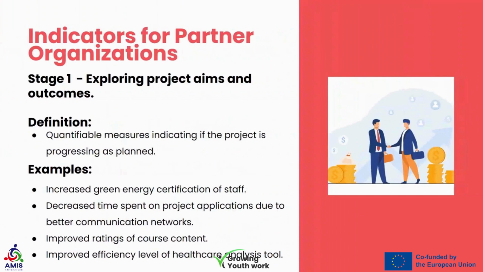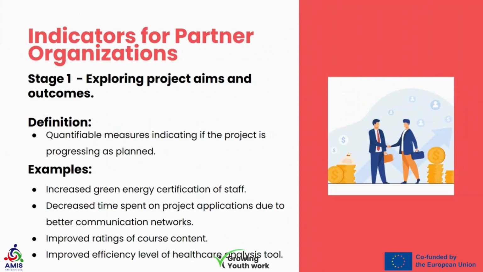Indicators for partner organizations. Indicators for partner organizations are quantifiable measures which can indicate if the project is progressing as planned. Examples of these indicators could be to increase certification of organization staff in green energy.